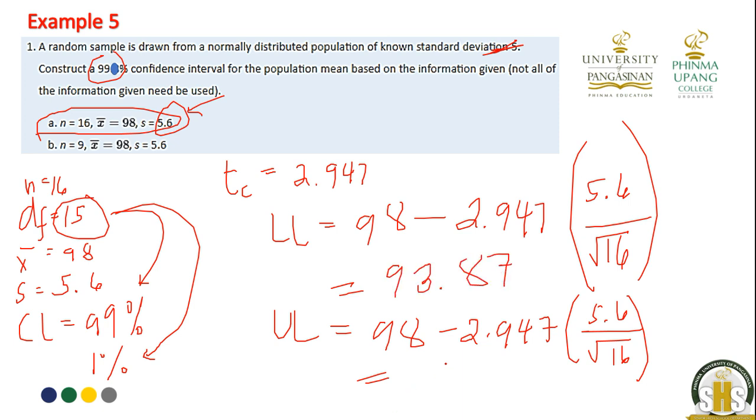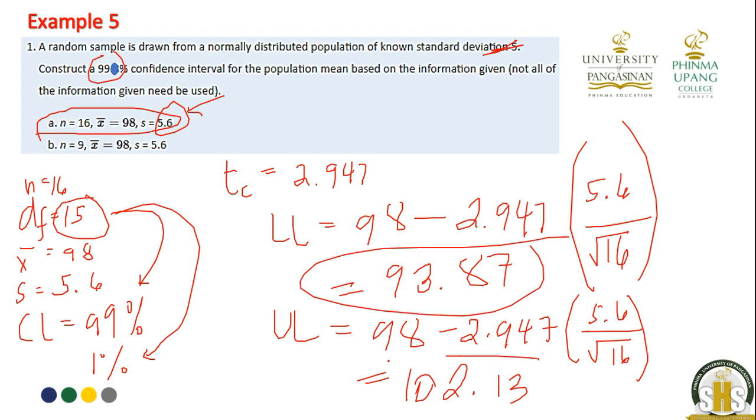How about UL? 102.13. Okay. 93.87, 102.13 for UL. As simple as that.